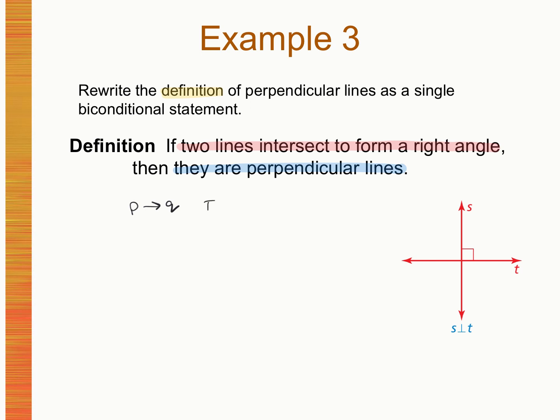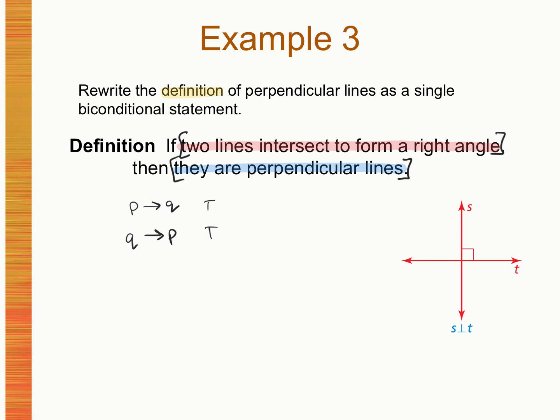That is true. And if I switch it and I do the other order, if I say, if they're perpendicular lines, then the two lines intersect to form a right angle, that is also true. And because both of those are true, I can rewrite this as a biconditional. When I rewrite my biconditional, it doesn't matter which one of these statements I put first, okay?